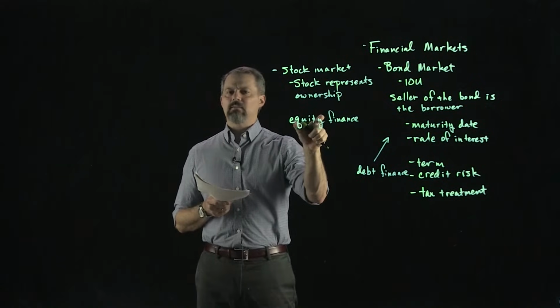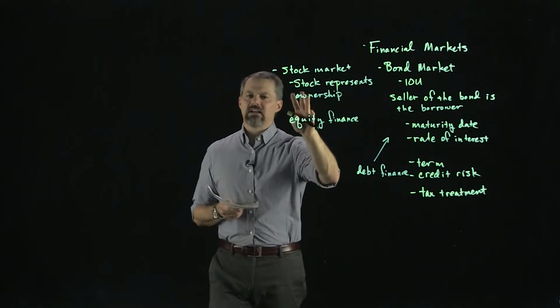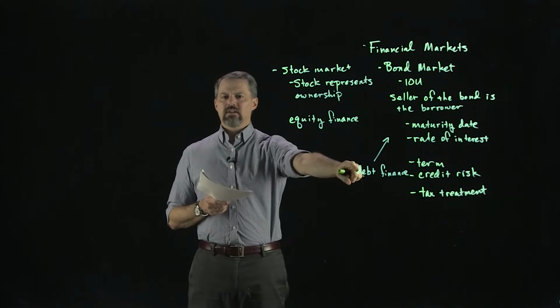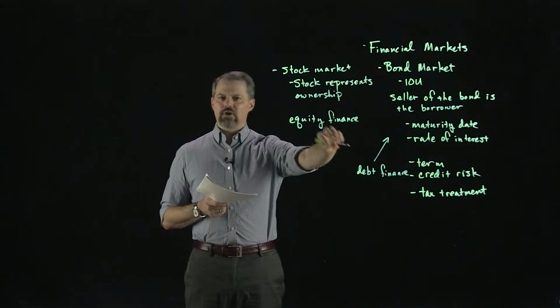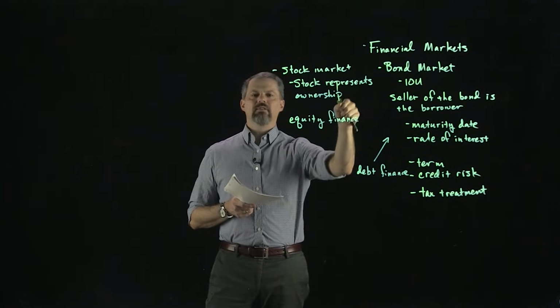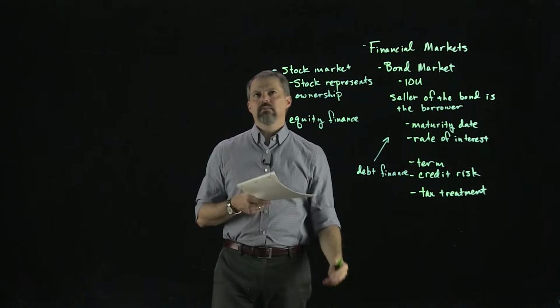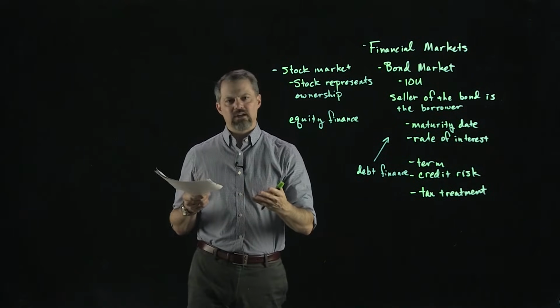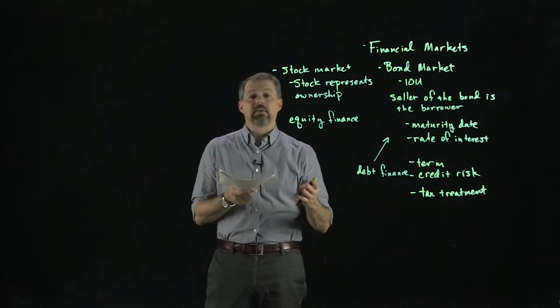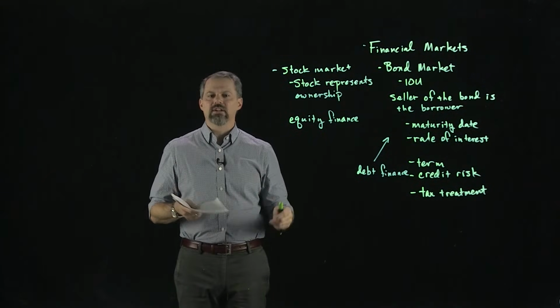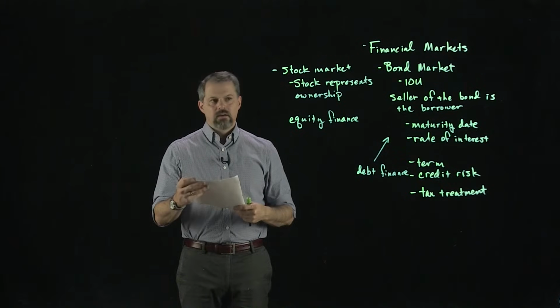You have no claim to any of the liquidated assets of the business if you're an owner. But if you're a creditor, then the court system would recognize your claim to some of the assets depending upon how much money the business owed to you as a creditor. You would at least have some claim. That doesn't mean that you're going to get anything, but you do have a legitimate legal claim.